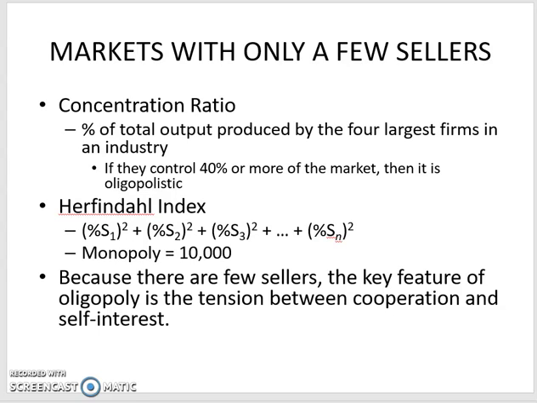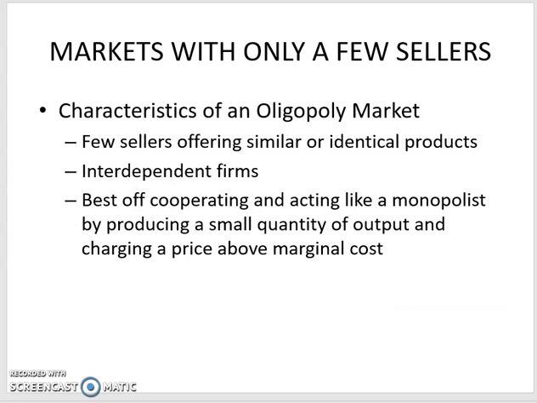Now, because of the way this market is set up, there's always this tension between cooperation and self-interest, because when you have a small number of firms competing against each other, it's very easy for those firms to get together and say, hey, instead of us competing against each other, why don't we all raise our price at the same time and get more money out of our customers, but not lose any customers if we all raise it at the same time.